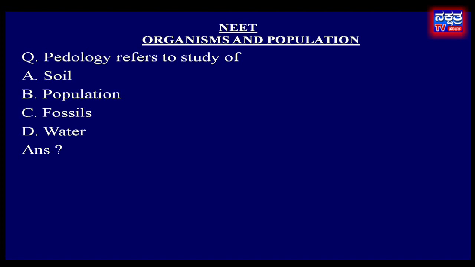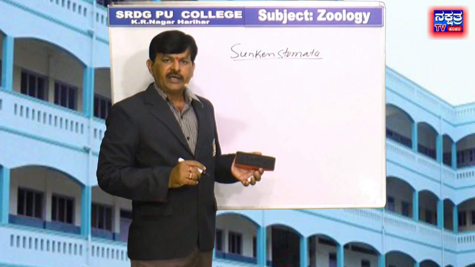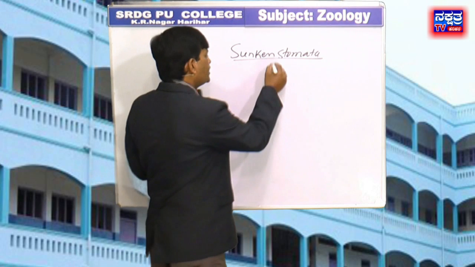Move to next question. Sunken stomata occur in option A, xerophytes, option B, hydrophytes, option C, mesophytes, option D, none of the above. As shown in the figure, sunken stomata are found primarily in xerophytes.